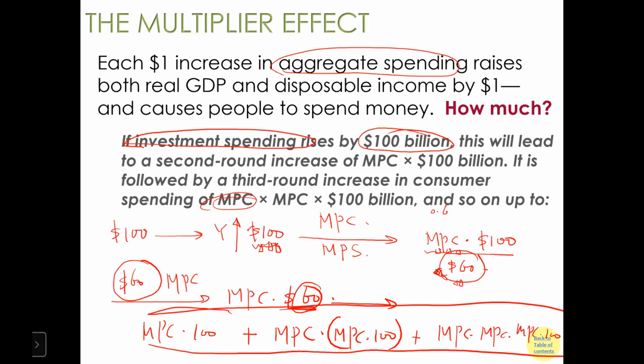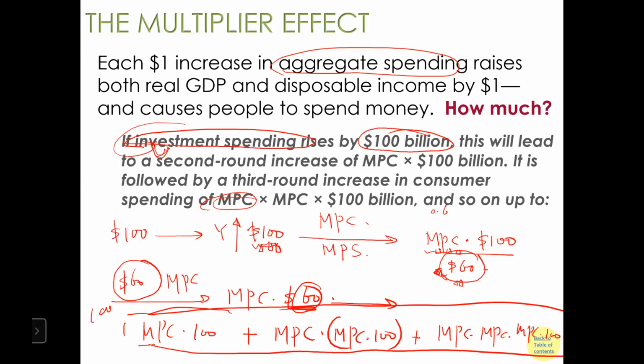All right, now look at the example in this slide. In this slide, it's slightly different, right? Because the initial 100 billion is not a check, it's just investment spending, either initiated by the government or by business. That means we must add the original 100 into the discussion, right? But the spirit is the same.